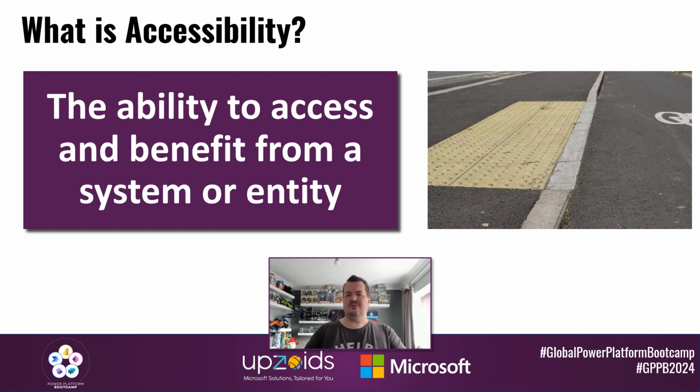It's also useful for people like the elderly and parents pushing prams or pushchairs or buggies or whatever you want to call them. No step down, no step up. And that impact, where something designed for disability has a wider impact across society, is called the curb cut effect because of this very thing.